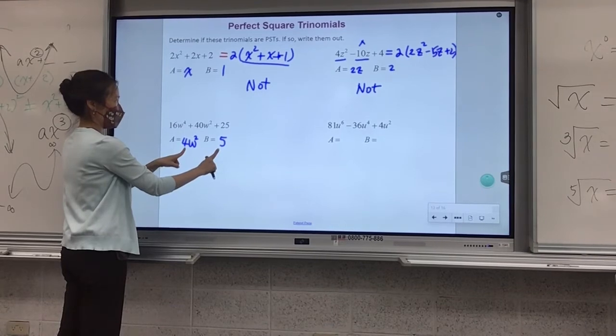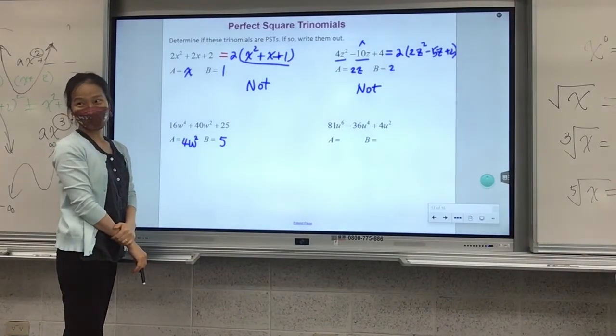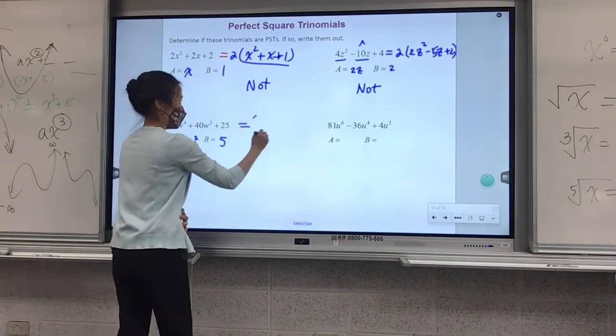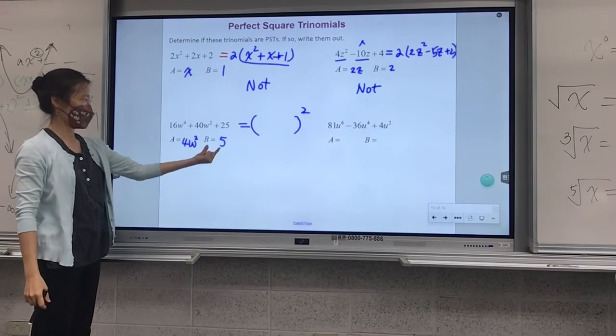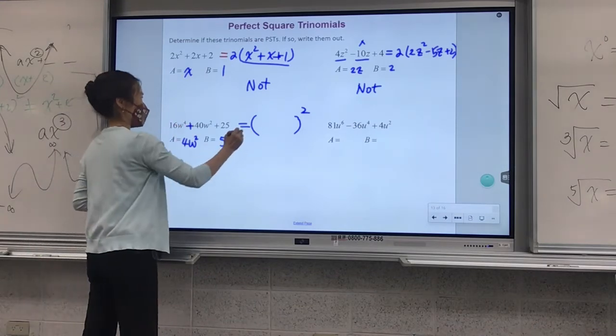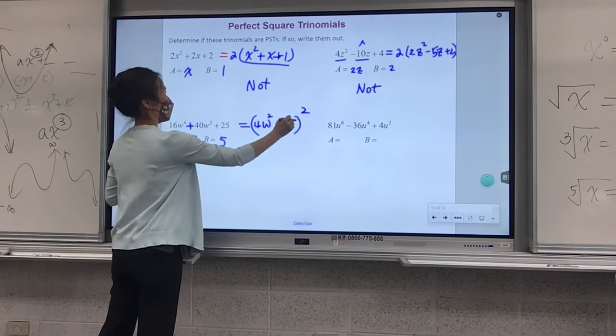AB times 2 is 40w squared. Perfect. So what do you write? 4w squared plus 5, A plus B. This is addition. 4w squared plus 5, all squared.